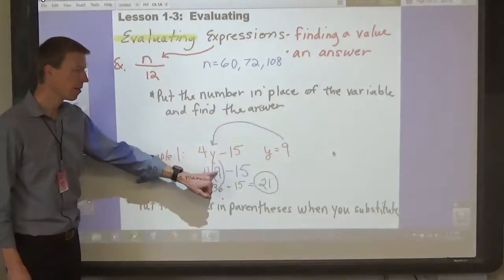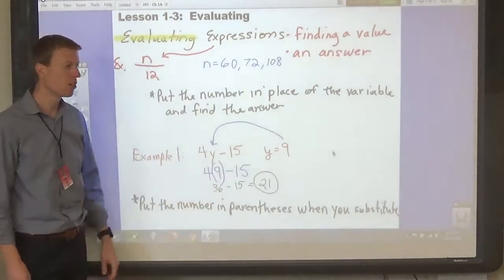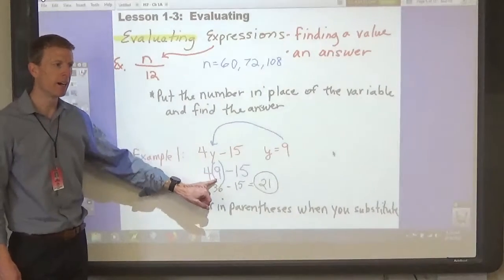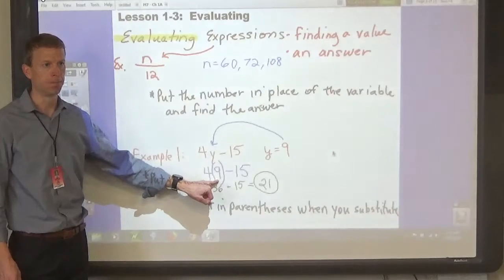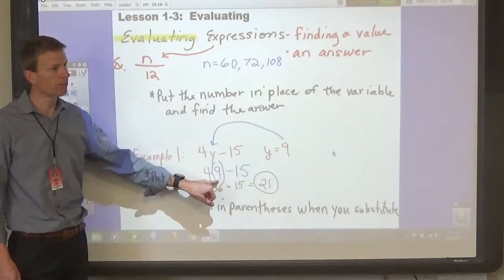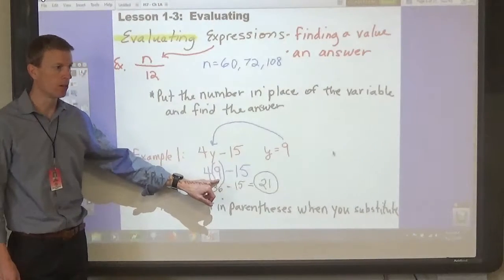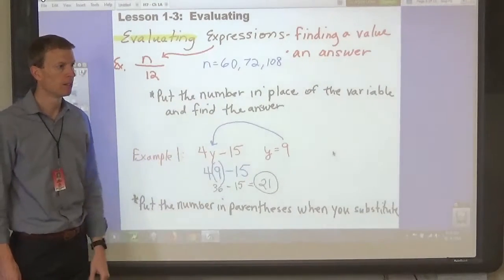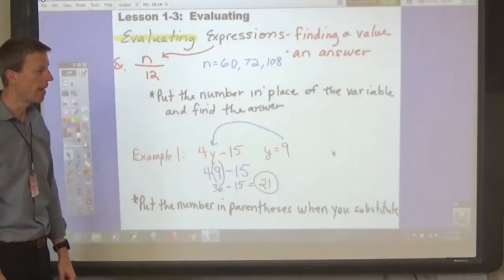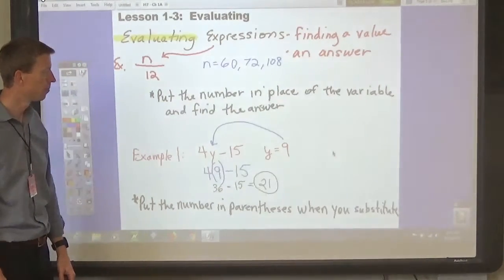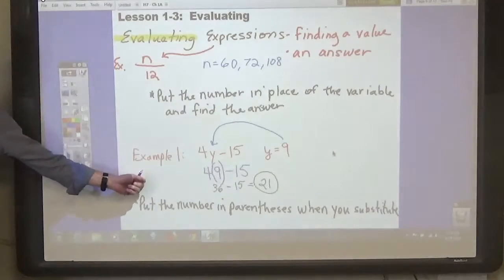It's much better for all kinds of problems if you put it in parentheses. Could you get the right answer if you use the dot? Yeah. But sometimes there's going to be an exponent there, so you have to use parentheses. There might be a negative sign in there that you need to have parentheses. And so it's better if you put it in parentheses and get into that habit. Okay? Any questions on this one, on this example?